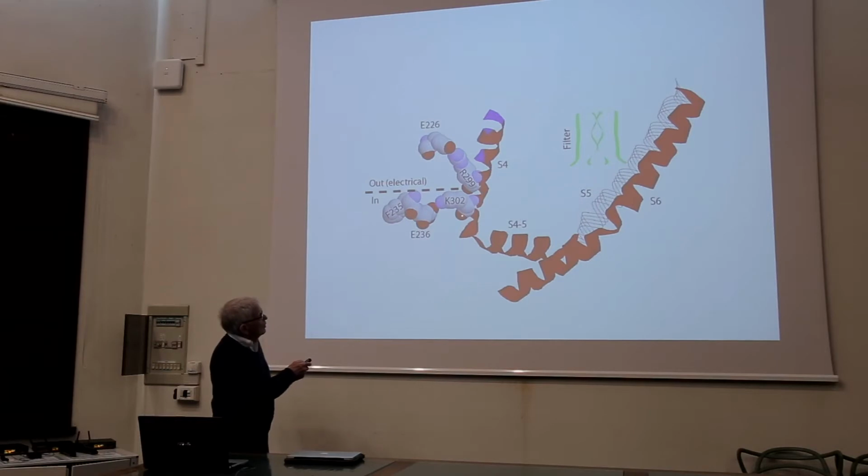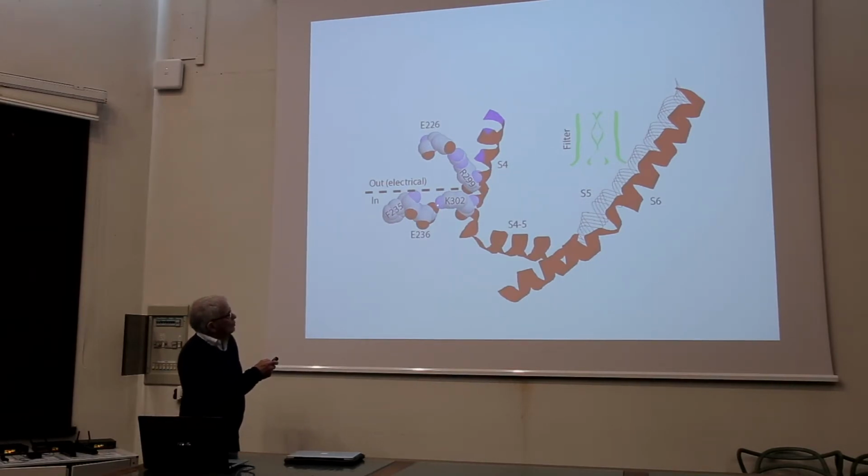And here we're looking at the open state of the channel, where a lysine at position 302 is bound to the inner charge transfer center. And this one is electrically on the outside, and this is the next one in line.